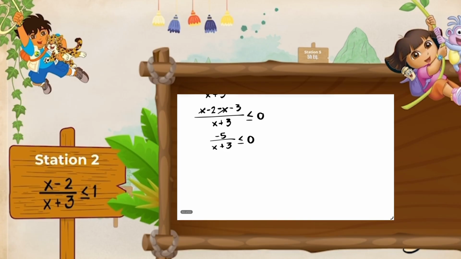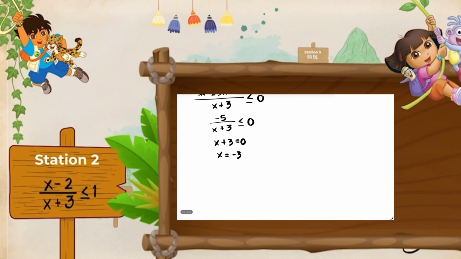We're going to get the critical value. Since there's only 1 with an x, that's the only one that we're going to get the critical value from. So x plus 3 is equal to 0 will become x is equal to negative 3. Since there's no x in the numerator, there won't be any critical values from the numerator.